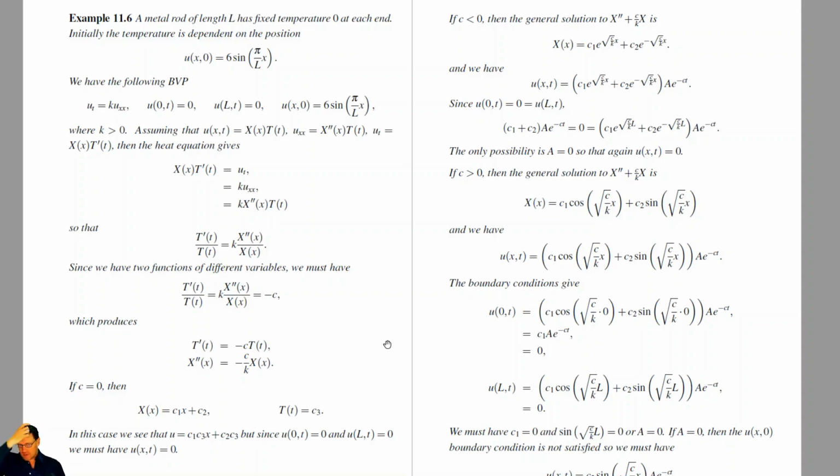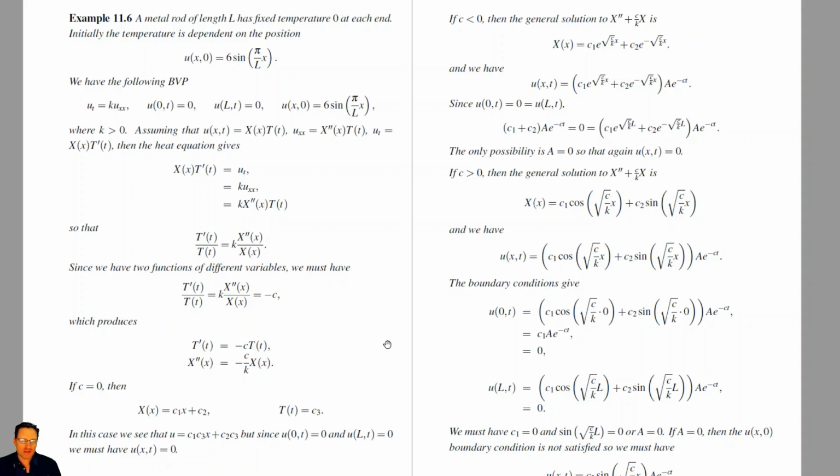So in this case, u is equal to c1 c3 x plus c2 c3, but since our boundary conditions say u(0,t) is 0 and u(L,t) is 0, we must have u(x,t) is 0 in the case that c is 0.